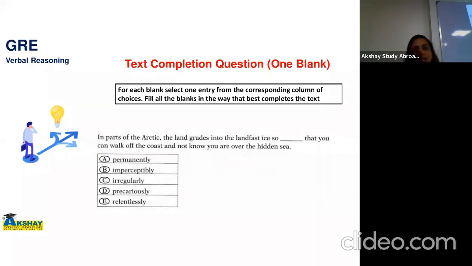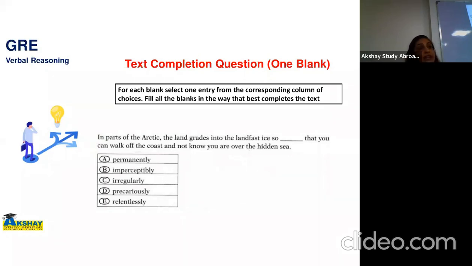Understood? Okay. So now, are you able to identify a word which is similar to unnoticeably? Any idea? Any guesses? Imperceptibly. Now you know perception. To perceive means to notice. So imperceptibly means you're not able to notice it.